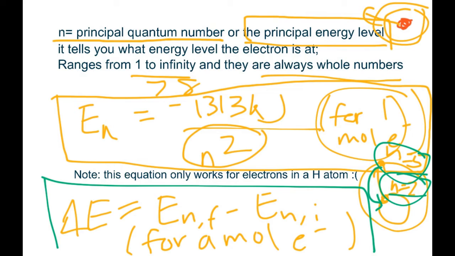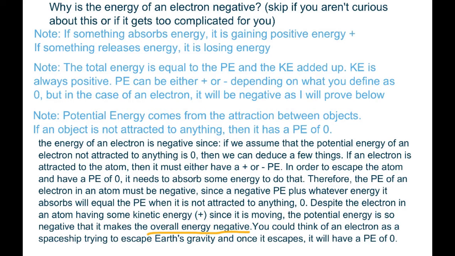You might be wondering, why is the energy for a mole of electrons negative since n is going to be positive? I will explain this, but it's a bit complicated. If you aren't curious about this, or if it gets too complicated for you, feel free to skip it. So why is the energy of an electron negative?